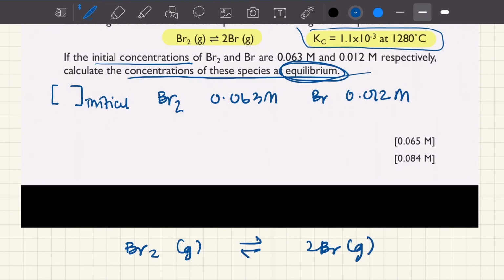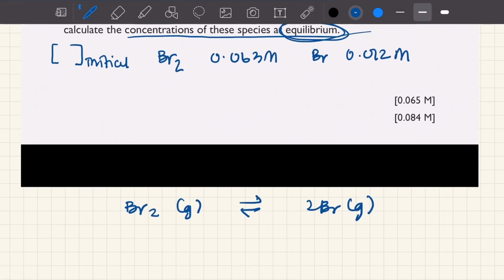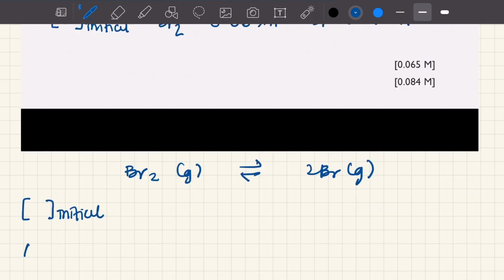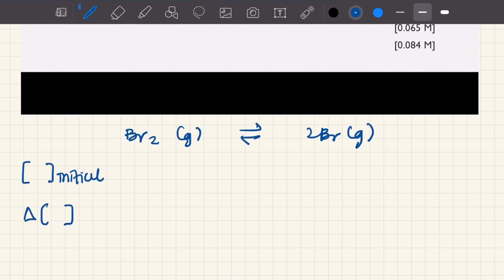Okay. And then you're going to write down the concentration initial. And then you're going to write down the delta concentration. Okay, the change in your concentration, your dissociation.